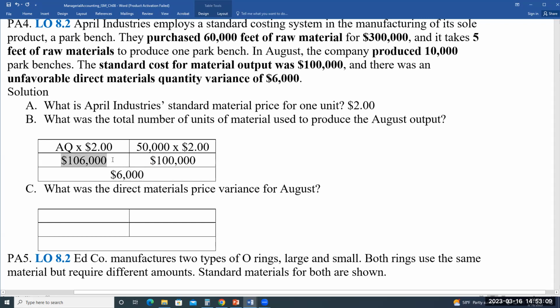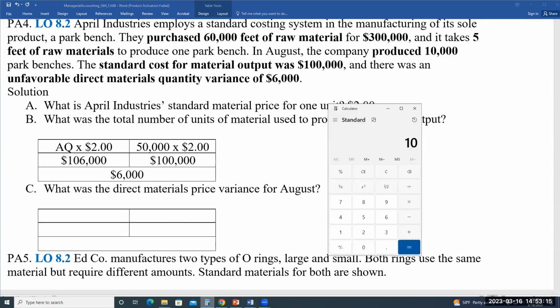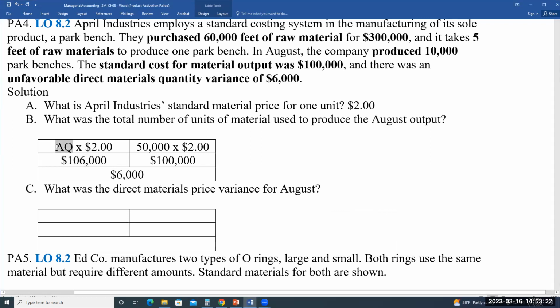Now we can take that $106,000, divide it by the $2 standard price, and we get 53,000 as our actual quantity of square feet or feet of wood, whatever it is, materials. So that is our answer. The total number of units of material is 53,000.